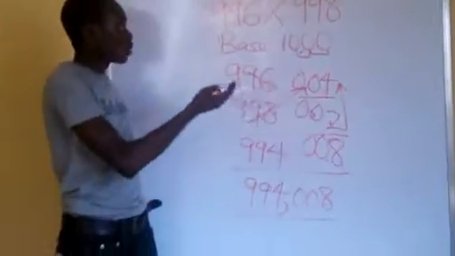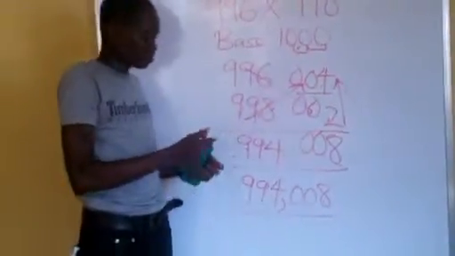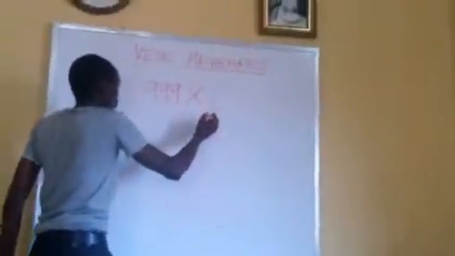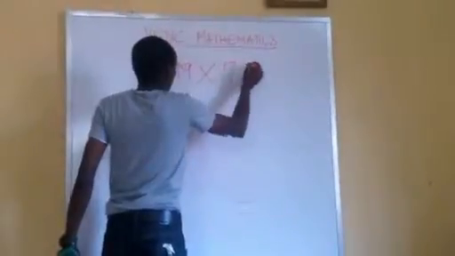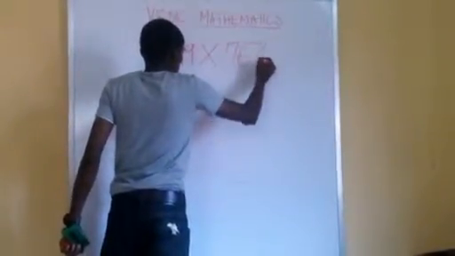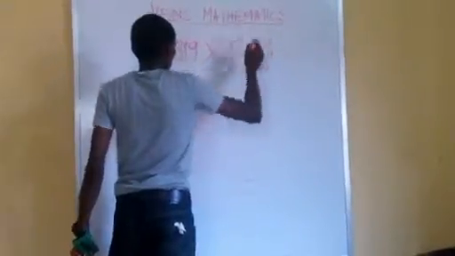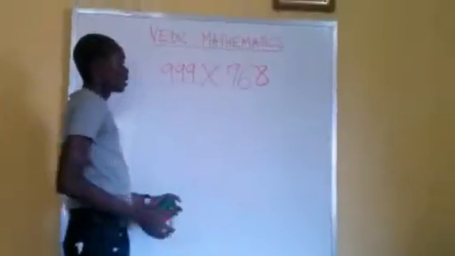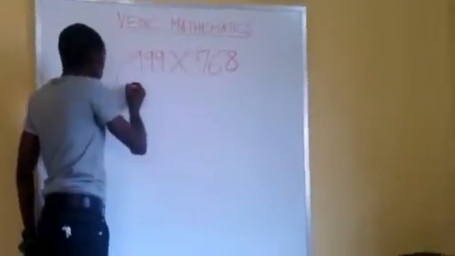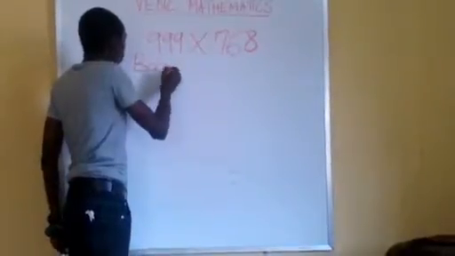We're going to look at another example. We're going to multiply 999 times 768. Okay. Both of them are 3-digit numbers. So our base is going to still be base 1000.